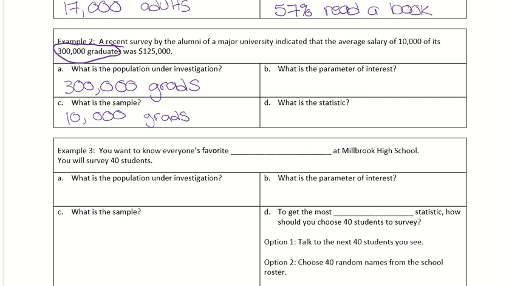What did they want to know? Their average salary. And what did they learn? That the average salary of the small group was 125,000, and that lets them estimate the average salary of the big group, the population. It's probably not exact, but it's a good guess.